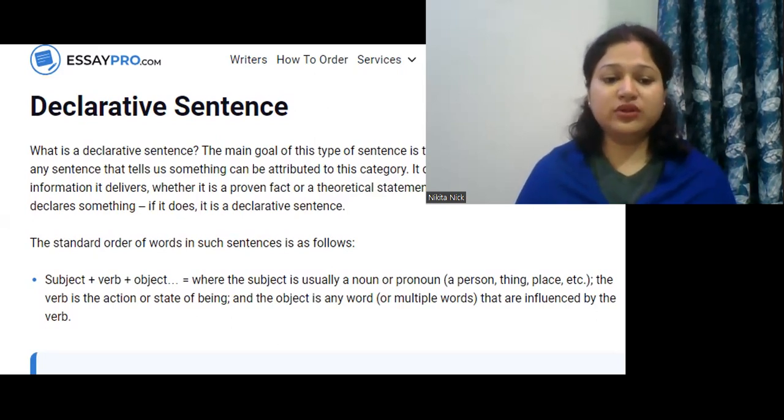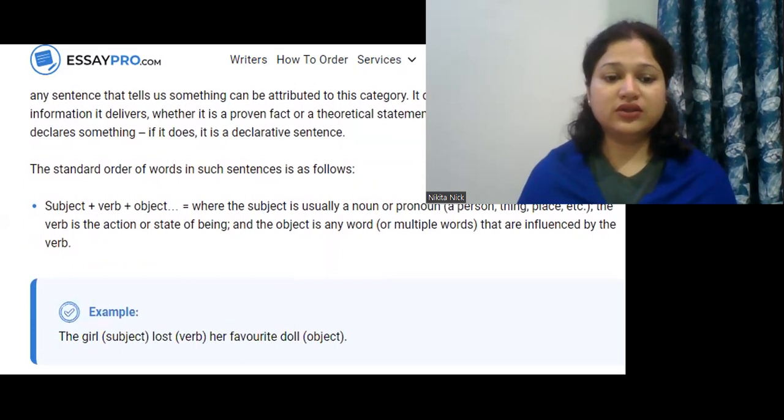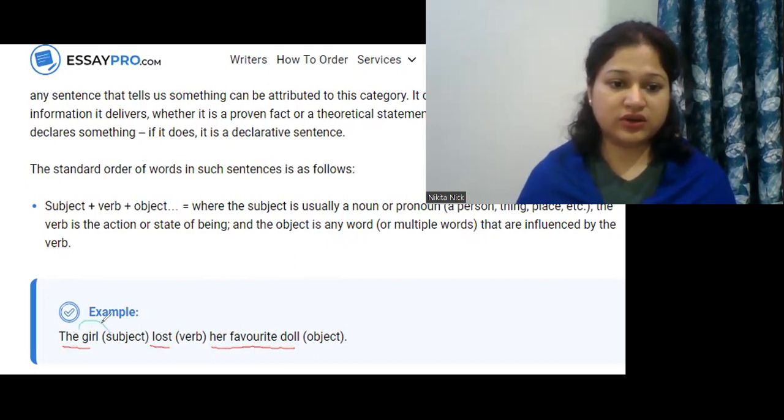So, for example, the girl lost her favorite doll. In this sentence, what is the subject? The subject is the girl, right? And what is the verb? Verb is lost.